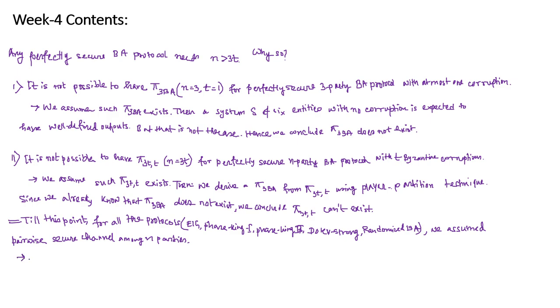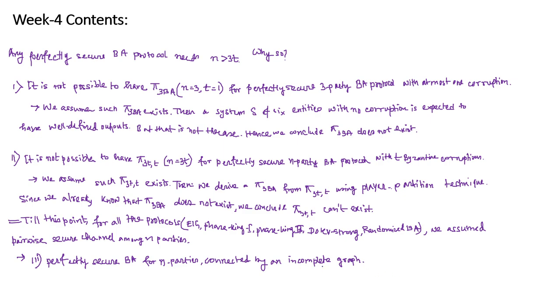Next, they talk about perfectly secure BA for n parties connected by an incomplete graph. So if pairwise secure channels exist for all the parties, then that is basically a complete graph.